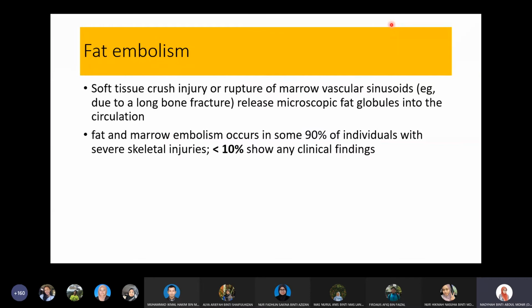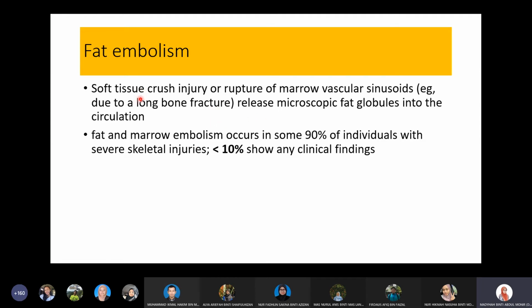There is one type of embolism that we call fat embolism. It happens when there is soft tissue crush injury or rupture of marrow vascular sinusoids, usually due to long bone fracture. Fat embolism usually happens in multiple severe fractures.